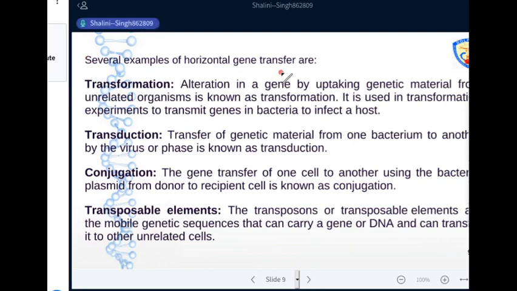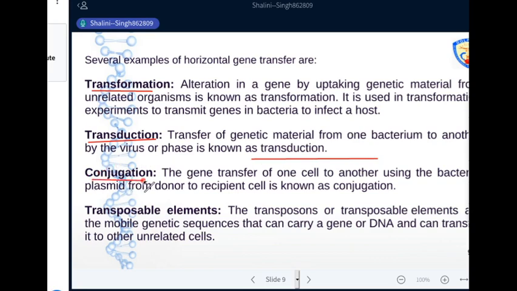Several examples of horizontal gene transfer are transformation, transduction. Transformation is alteration in a gene by taking genetic material from unrelated organisms, and transduction is transfer of genetic material from one bacterium to another by the virus or phage, and it is known as transduction.